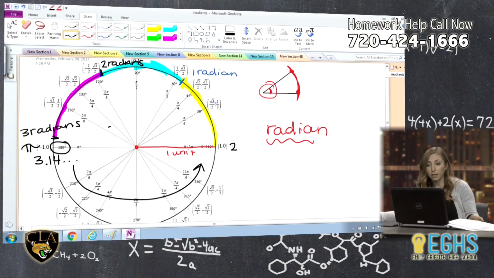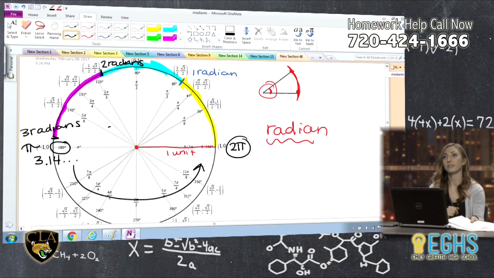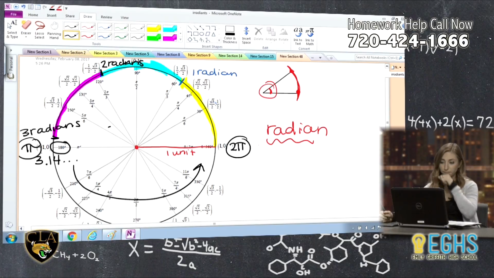So 2 pi radians are in 360 degrees. The rest of my radians are derived based on this proportional relationship. For example, 180 degrees is pi, 90 degrees is half of 180, so 90 degrees would be pi halves, or pi divided by 2. And the rest of mine are derived this way.